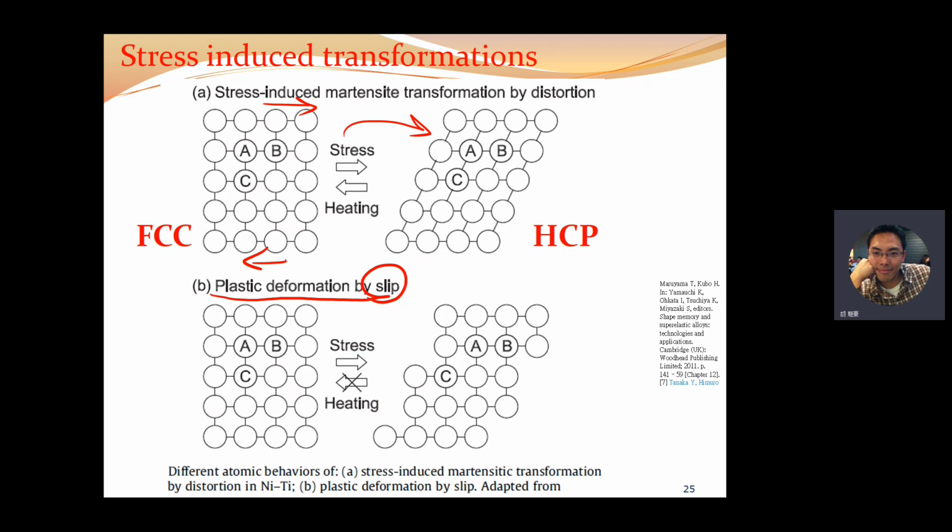Okay, and this stress-induced transformation will increase the fracture toughness. That means a higher ability, or higher resistance, to fracture.